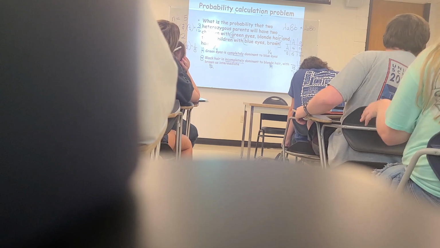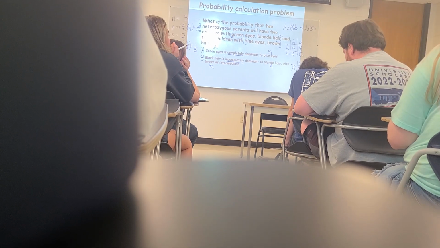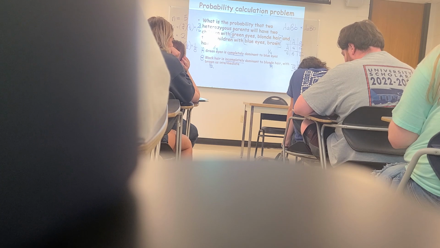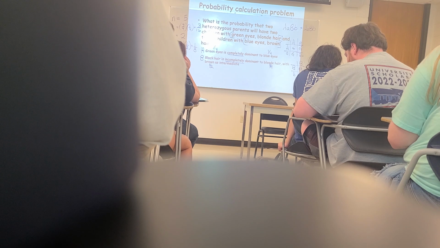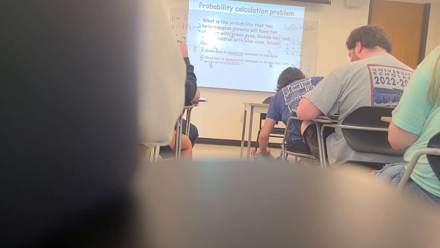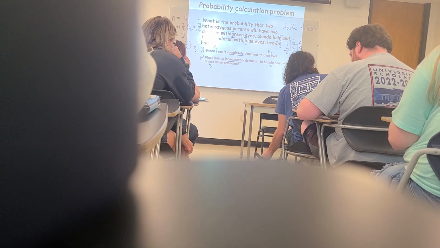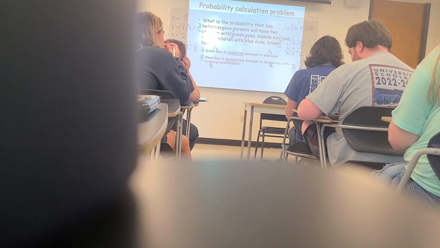I don't know. 5 factorial over 2 factorial times 3 factorial, times 3 out of 16 squared, times 1/8 to the third. 5 times 4 is 20, 20 times 3 is 60, 60 times 2 is 120. 2 factorial is 2, 3 factorial is 6. 3 squared is 9, 1 cubed is 1.